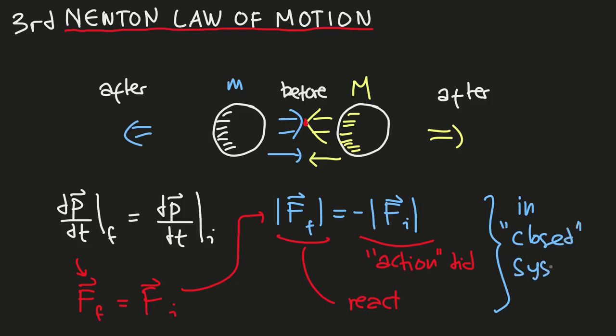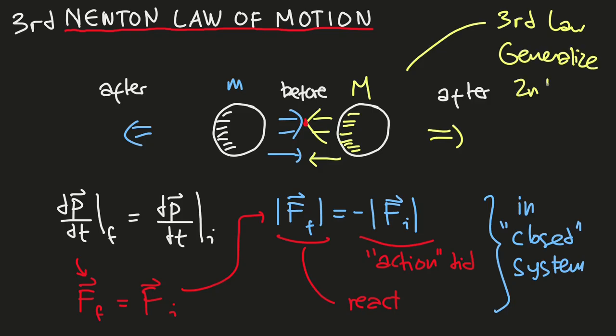So this is Newton's third law of motion. And with the same pattern, the third law generalizes the second law, since the third law tells you about interaction that the second law doesn't.